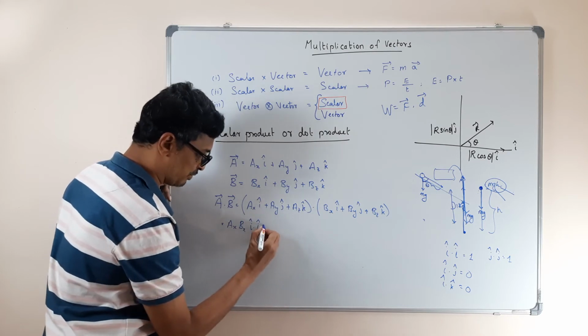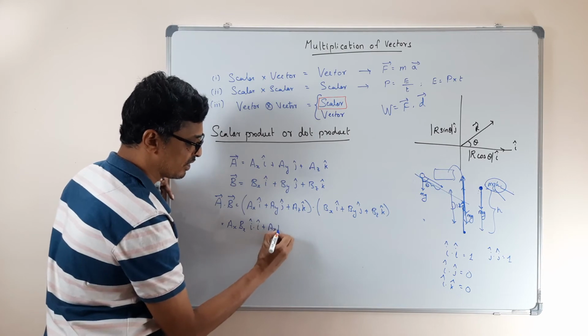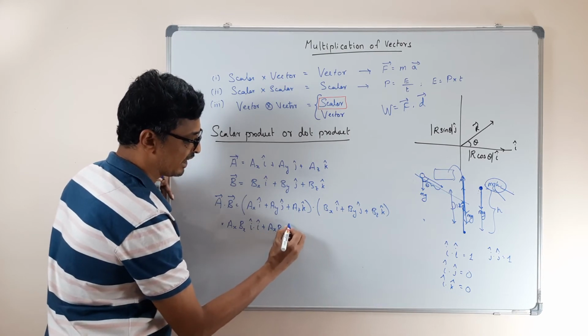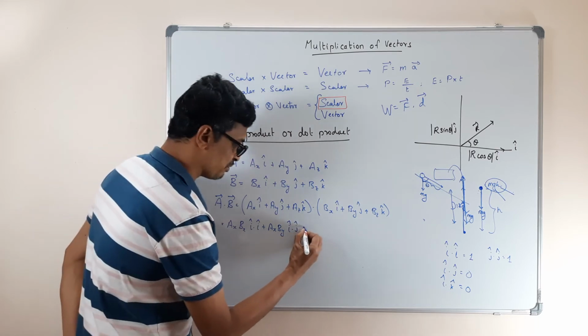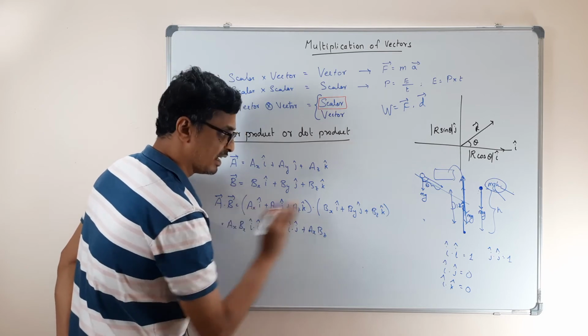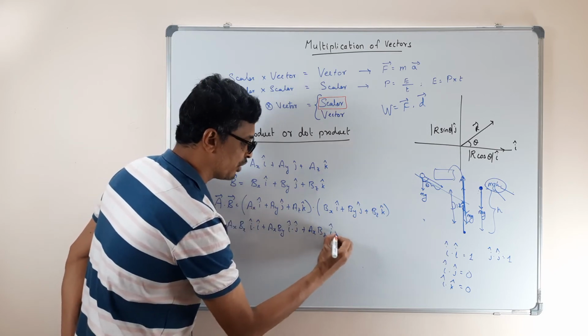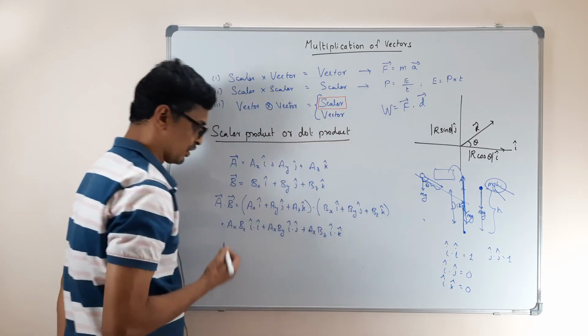Yes, correct, will come. Then Ax, By, i cap dot j cap, plus Ax, Bz, i cap dot k cap. So the first one is over.